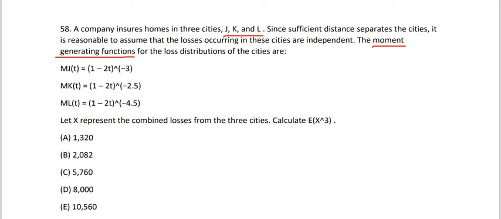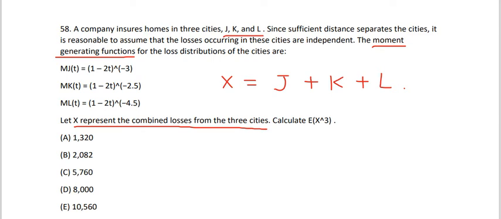Let X represent the combined loss from these three. So X just equals J plus K plus L.